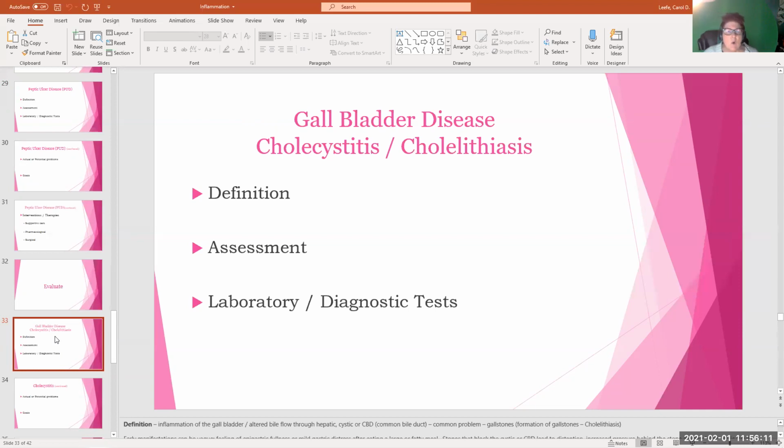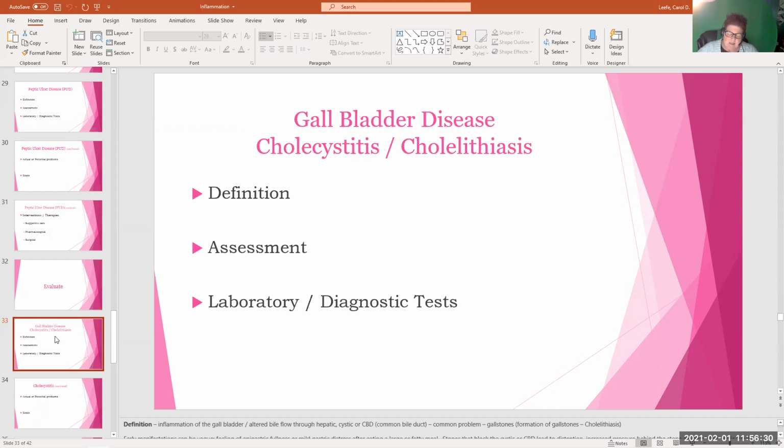So things like the liver profile, the ALT, AST, ALP, the bilirubin and all that needs to be looked at. They'll do serum amylase and lipase to see if the pancreas is involved at all.